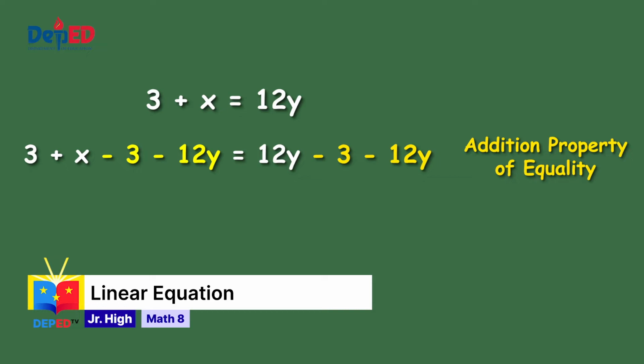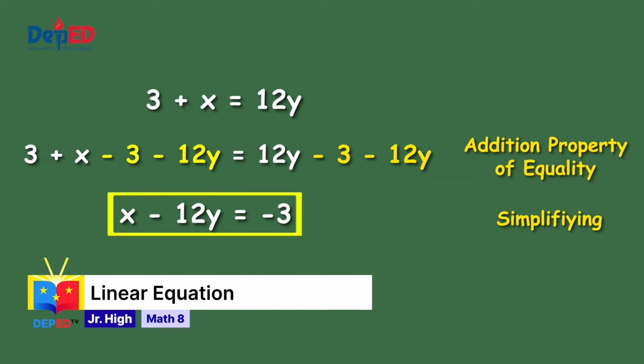Simplifying this, we will have x minus 12y is equal to negative 3, which is now the standard form of 3 plus x equals 12y.